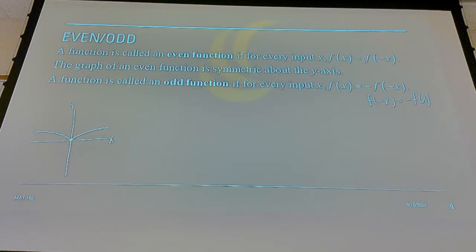And kind of the same thing for even, you may see it written the other way, f of negative x equals f of x. In fact, those are the tests for even and odd. Replace x with negative x and see if you get either the original function back or the additive inverse of it.